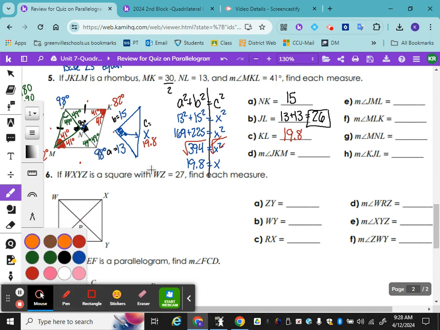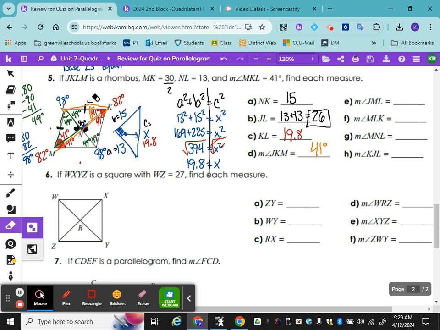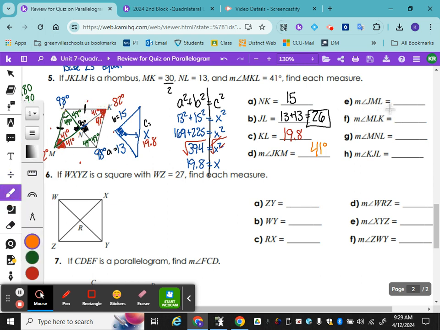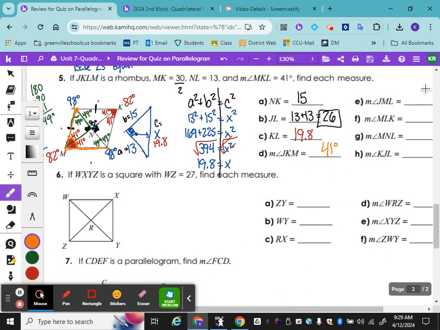All right, JKM. Right here, 41 degrees. JML. I covered up L, but it's over here. That's both of them put together. That's your 82. It's a little off the screen, but 82 degrees.